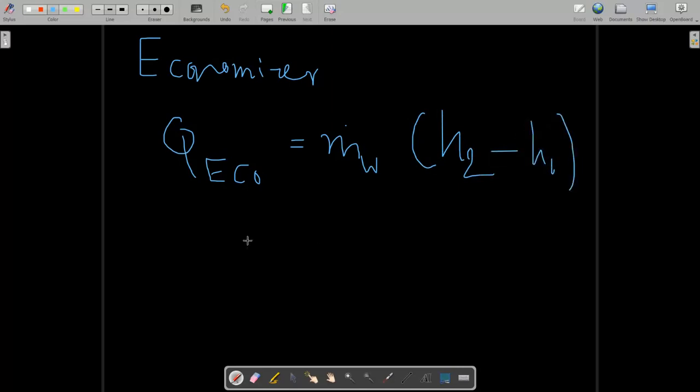Why H2 minus H1? Because at point 2 the saturation point will occur, and from there the water, not steam because it is still in the liquid phase, goes into the evaporator. So at point 2, what is the enthalpy?